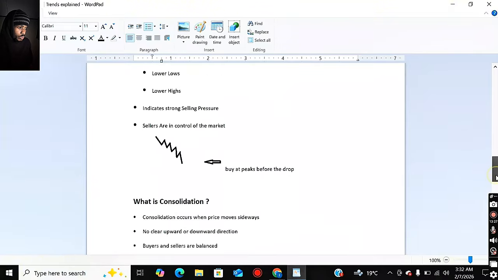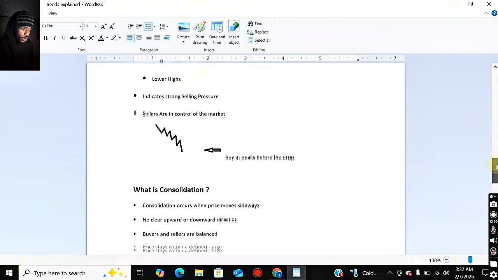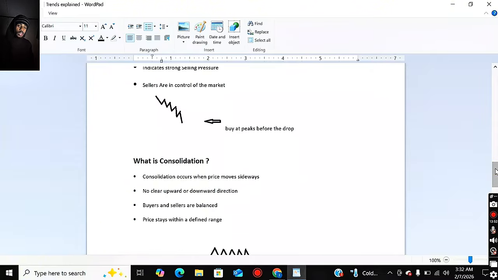So now we get what is consolidation. Consolidation occurs when price moves sideways, no clear upward or downward action. Like I said, it will be moving in between those two ranges. It won't be trending. Just going side to side, making the same equal highs and the same equal lows. So that's what a consolidation is.